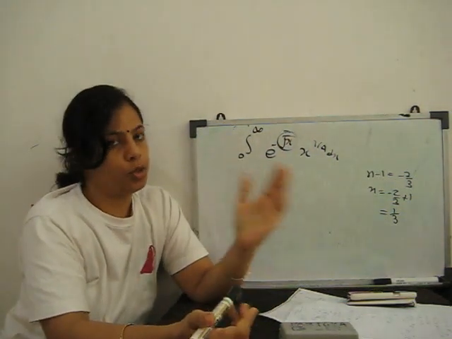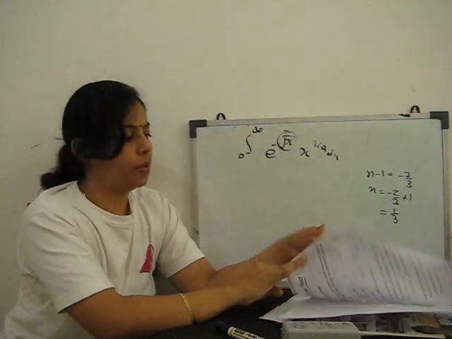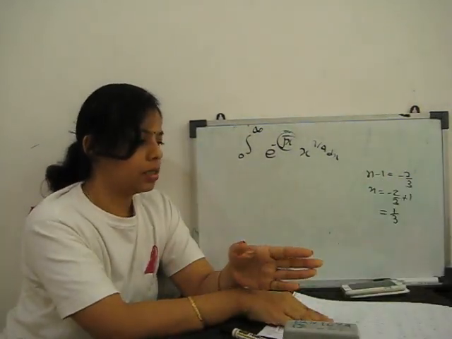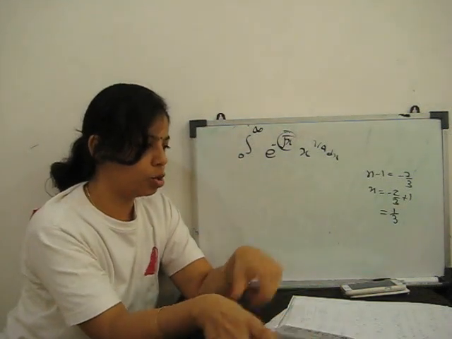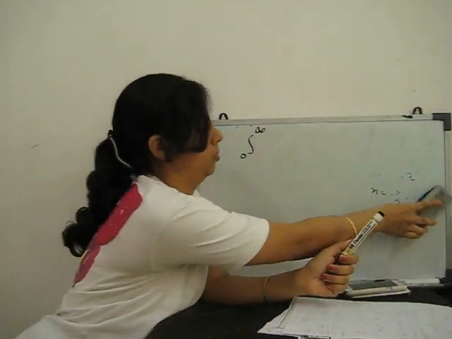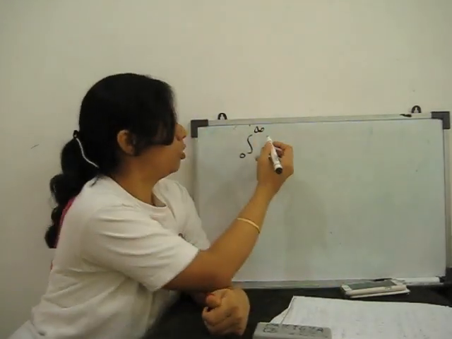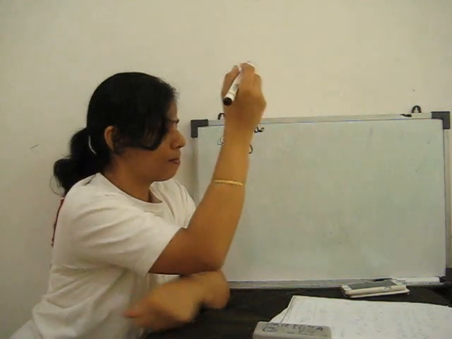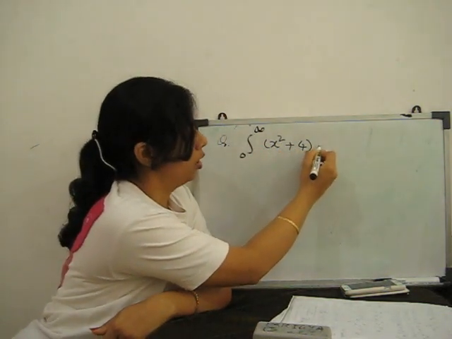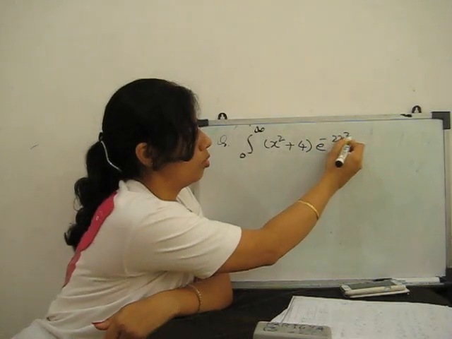Substitute root x equal to t and then compare, and you will definitely find the result. Next, one more question regarding the gamma function. If we have 0 to infinity x square plus 4 e to the power minus 2x square dx.